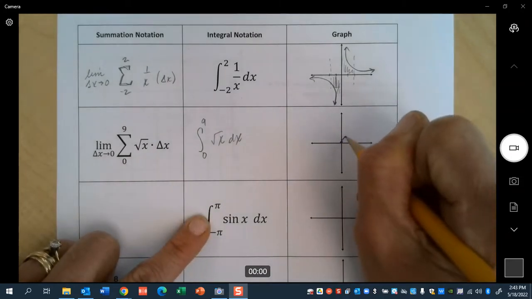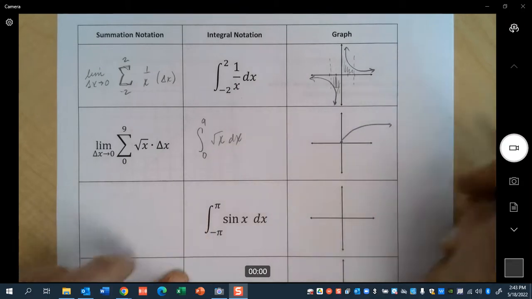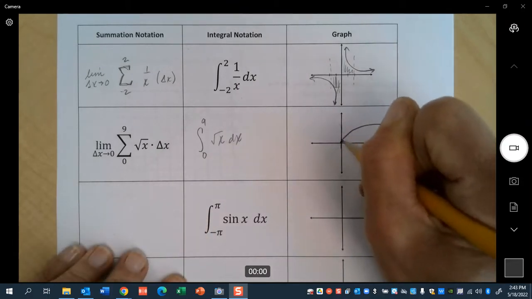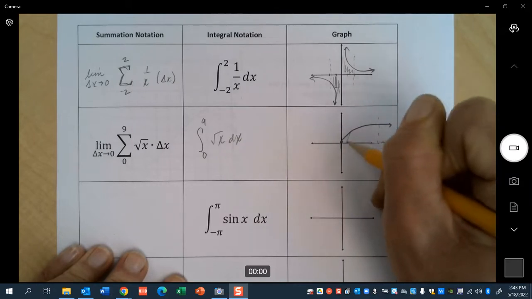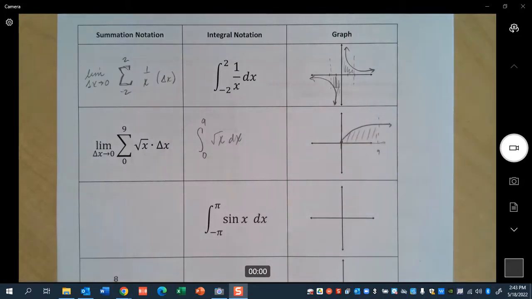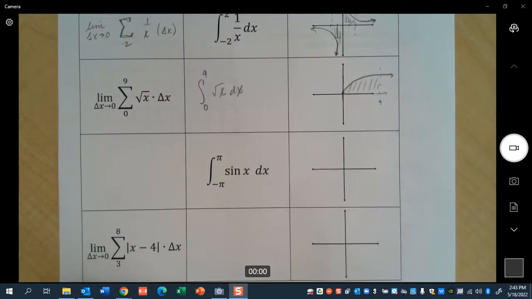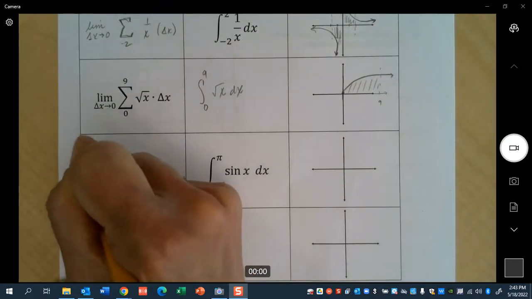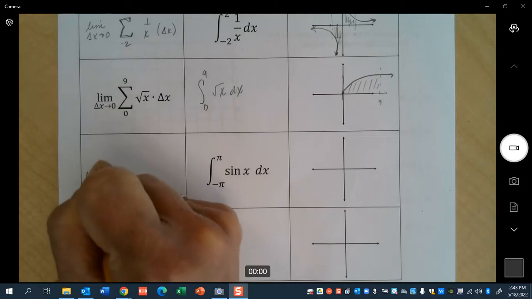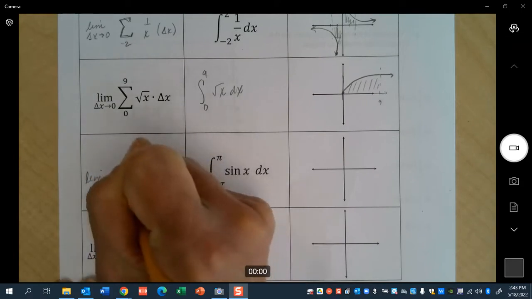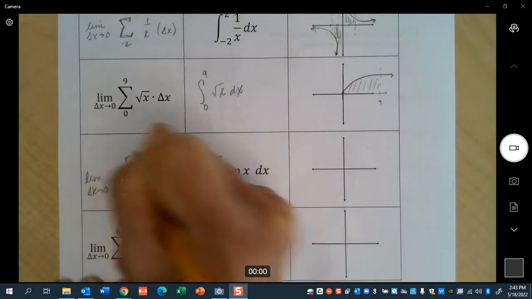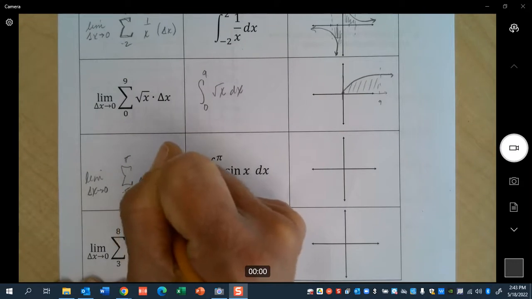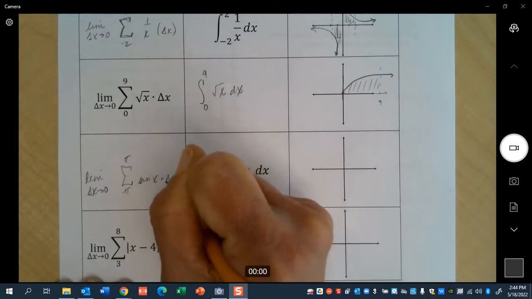Our square root function looks like this, and I care about it from 0 to, if I want to call this, 9. Again, the limit as my change in x approaches 0 of the sum from -pi to pi of the sine of x times the change in x.